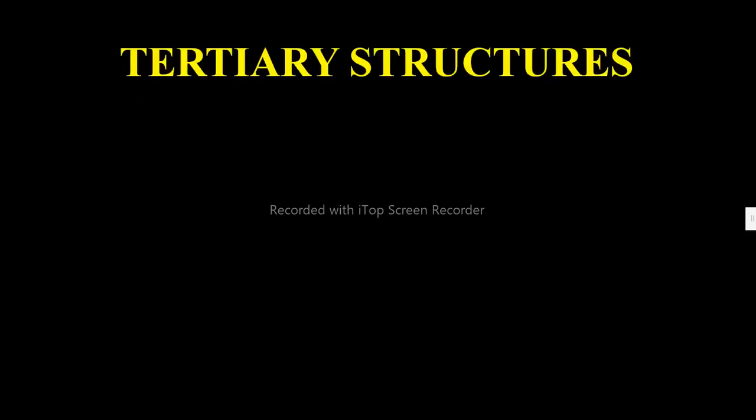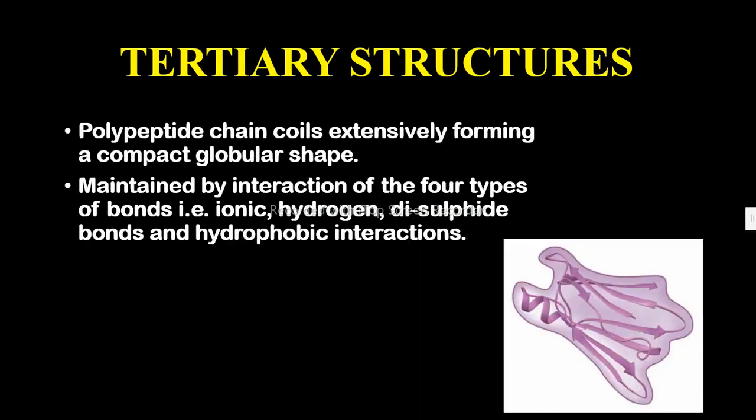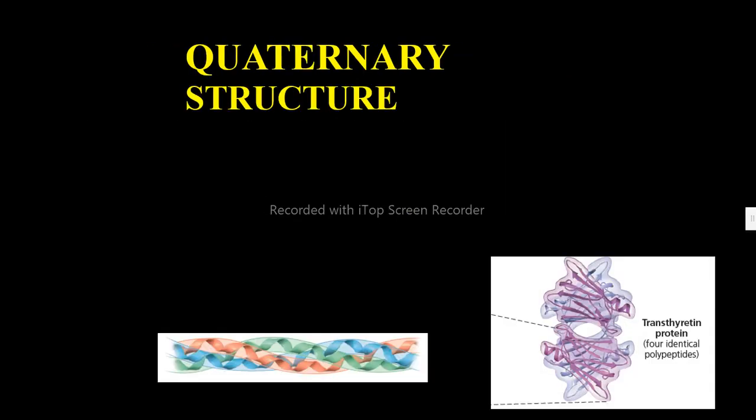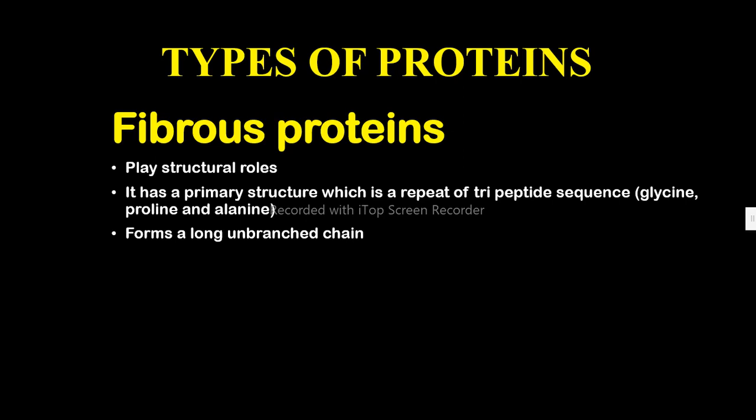Then the tertiary structure, where you further coil and form that 3D shape. Then the quaternary, where you have more than one chain to form your protein.